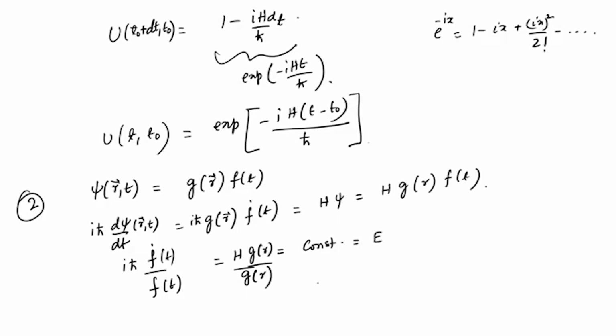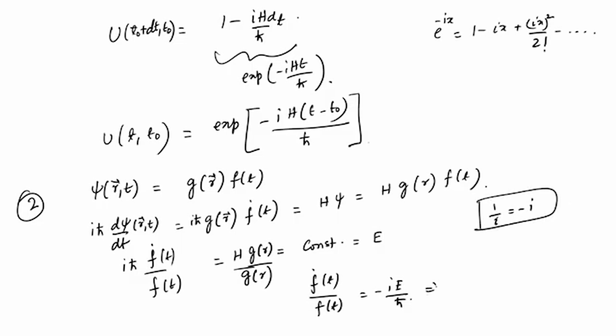And so, f dot of t divided by f of t is equal to minus i E by h cross, because 1 over i is equal to minus i. Okay.